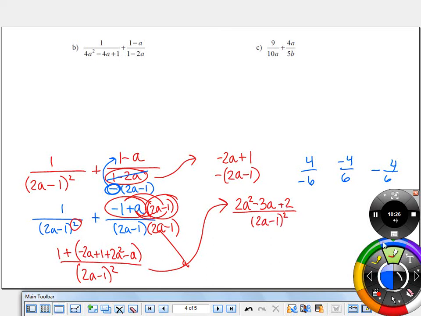Now, I'm concerned that the numerator might cancel and that one of those factors might cancel out with the denominator. So I'm going to go ahead and attempt factoring the numerator and see what I get. Sorry that this got a little bit messy. Let me erase this for you guys.